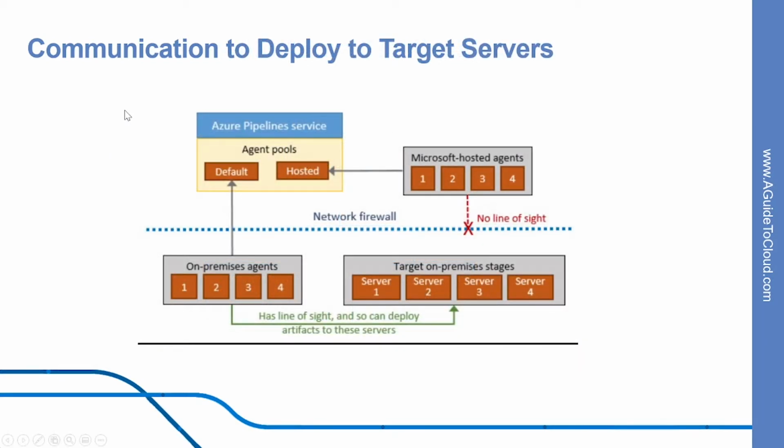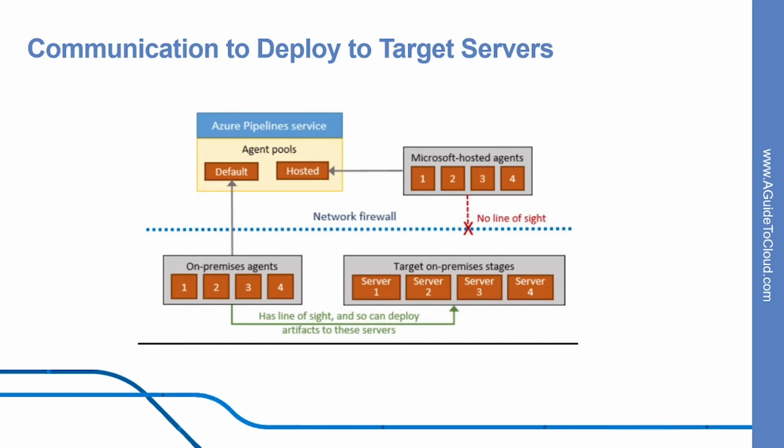Let's look into communication to deploy to target servers. When you use the agent to deploy the artifacts to a set of servers, it may have a line of sight connectivity to those servers. The Microsoft hosted agent pools by default have connectivity to Azure websites and servers running in Azure.